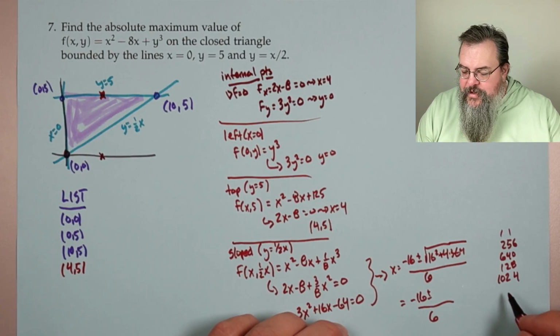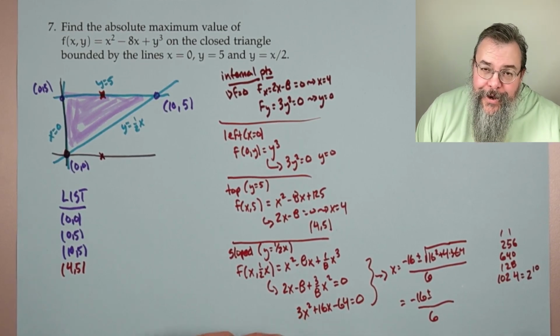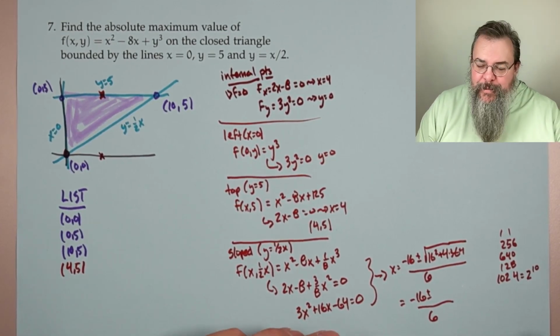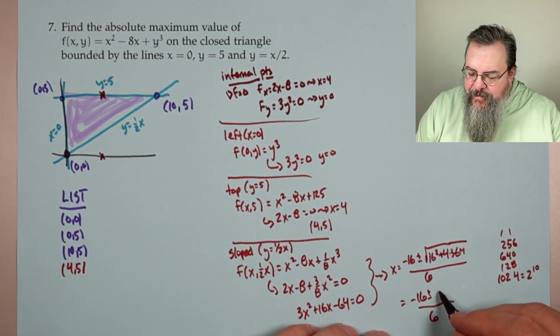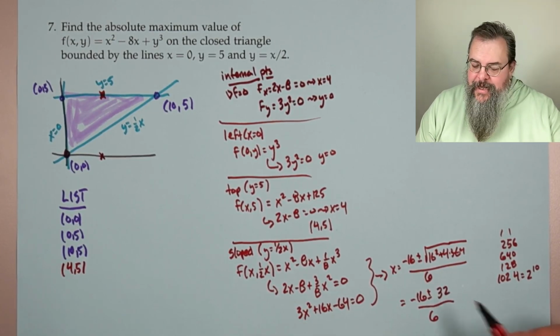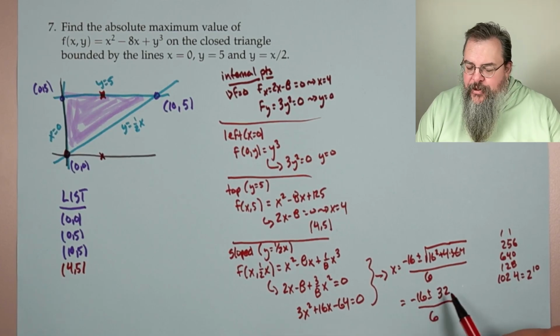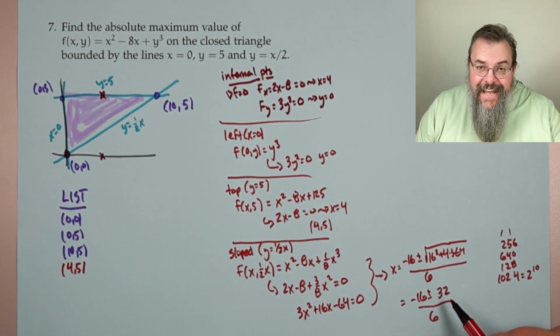Now, what can we say about the square root of 1,024? Well, it turns out 1,024, that's 2 to the power of 10, because we're all powers of 10. We love our powers of 10. So, square root of 1,024 is 2 to the power of 5, also known as 32. Now, if you take negative 16, subtract 32, that'll give you negative 48.